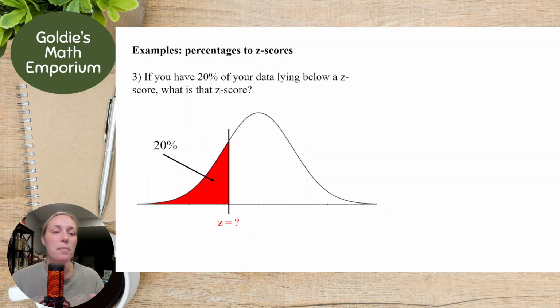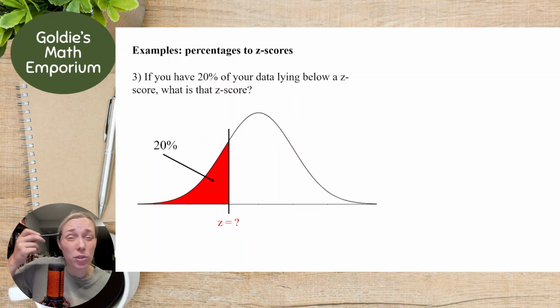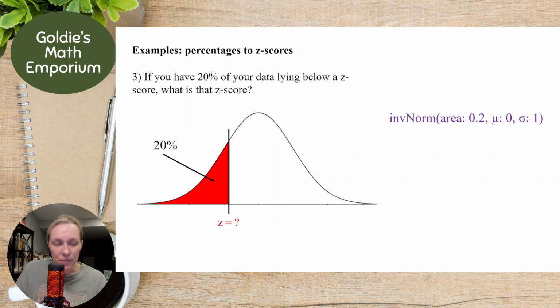So when I draw my normal curve and I estimate 20% below a specific z-score, I'm just going to do a rough sketch. I don't know exactly if it falls between -1 and -2, where it's at. Just do a rough sketch, okay? You could figure it out, but don't worry about it in these problems. Use your calculator. Right?